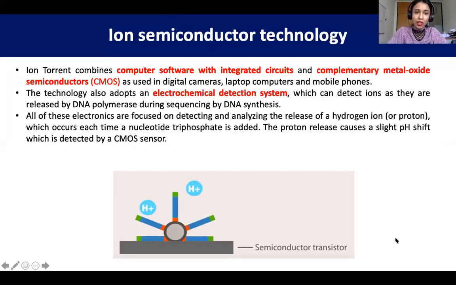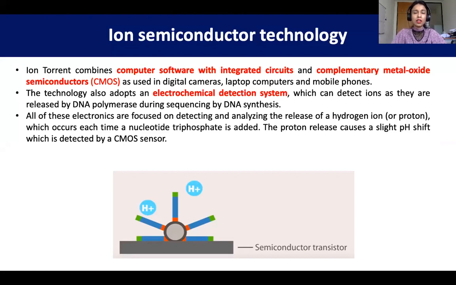Moving on to ion semiconductor. This technology actually combines computer software with integrated circuits, as well as CMOS, or complementary metal oxide semiconductors. You may be aware of this term, CMOS. They are actually available in your digital cameras, your laptops, your computers, and even your mobile phones. So this technology also adopts an electrochemical detection system.